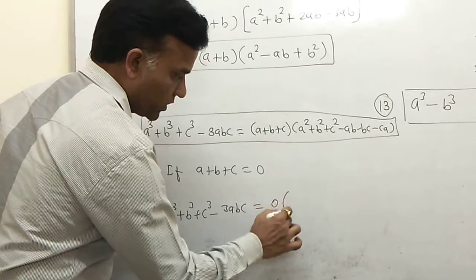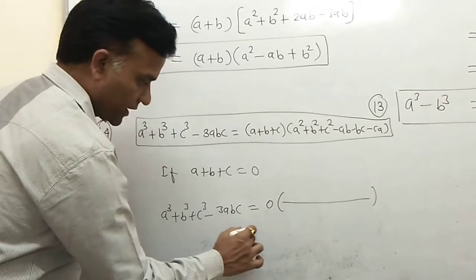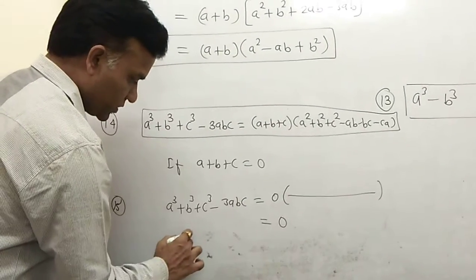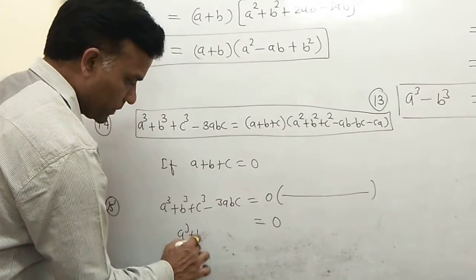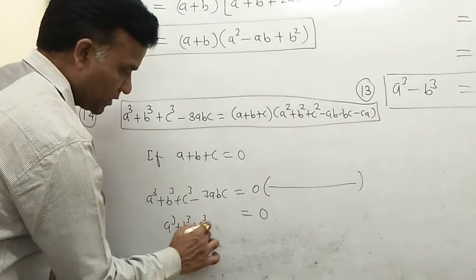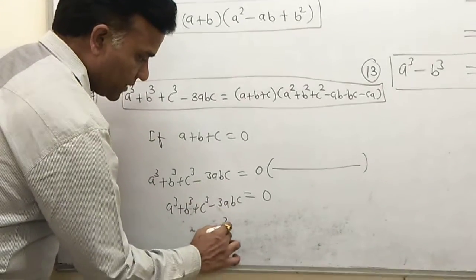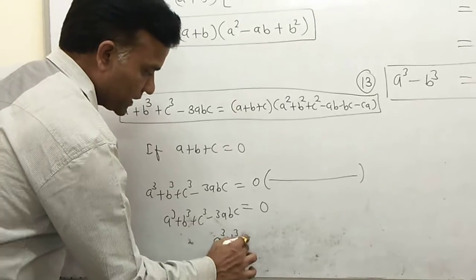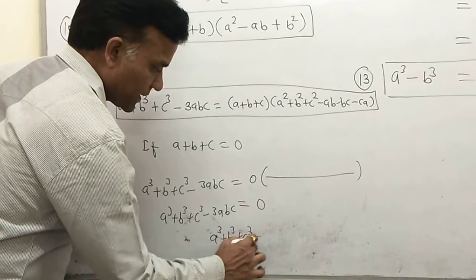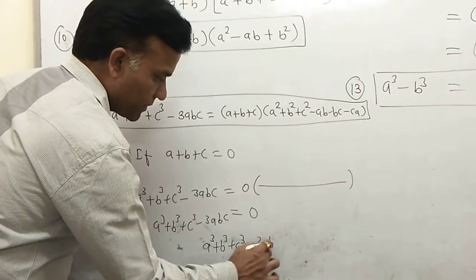So a cube plus b cube plus c cube is equal to 3abc.